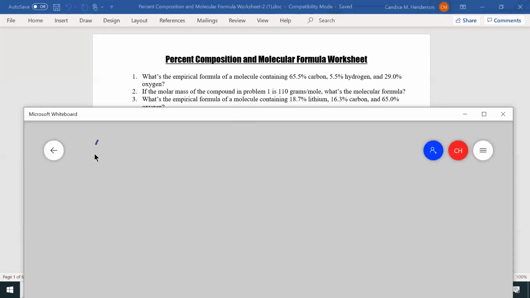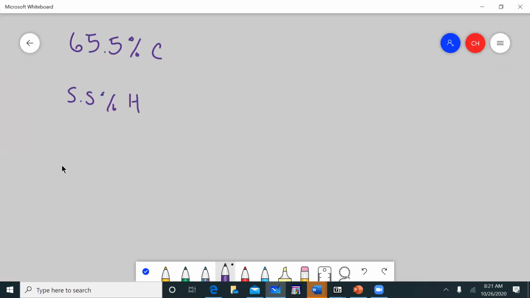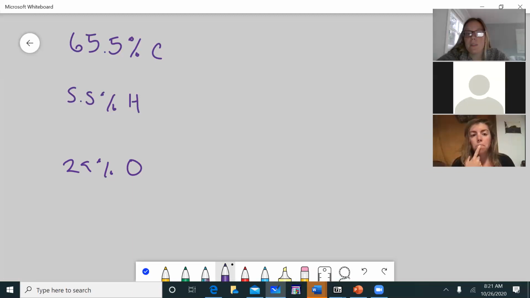So our values were 65.5% carbon, 5.5% hydrogen, and 29% oxygen. When we were talking about those steps, I had said the first thing was that if you happen to get percentage values, you can assume that you have a 100-gram sample.